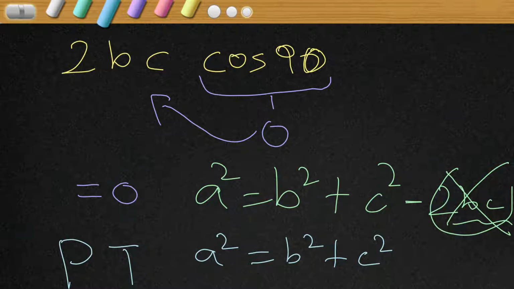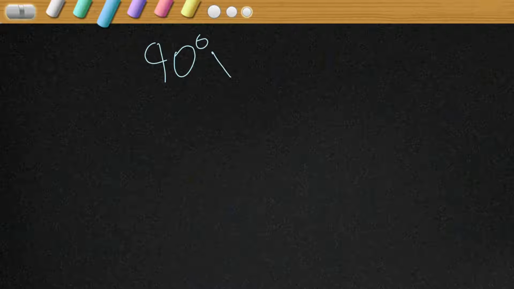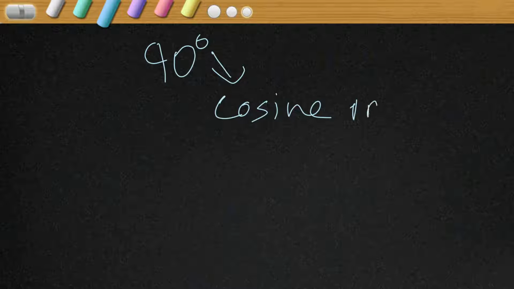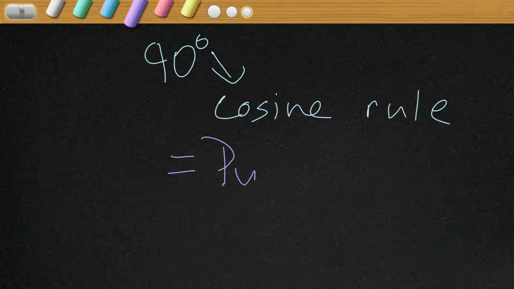Now you guys understand what I'm trying to tell you? What I'm trying to say is that if you put 90 degrees into the cosine rule, you will be given Pythagoras theorem.